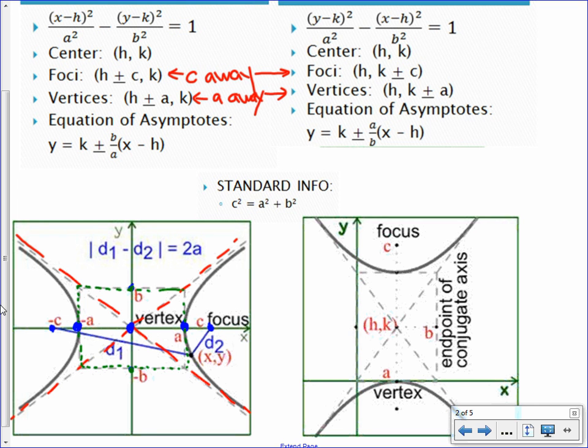So we will plot the center, we will plot our vertices, and we will plot our foci. We will take B and plot those points to make a frame, or a rectangle, so that we can draw our asymptotes through those diagonals. The curve itself is actually going to be the last thing that we draw.